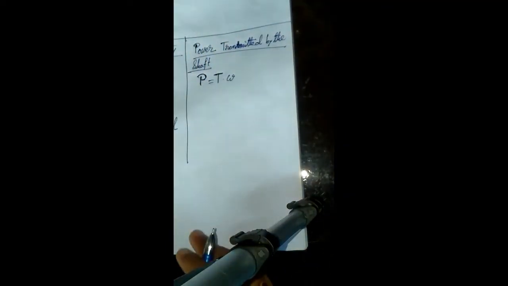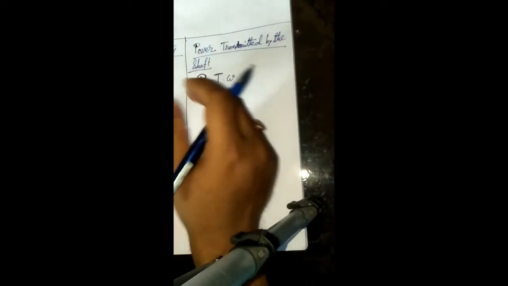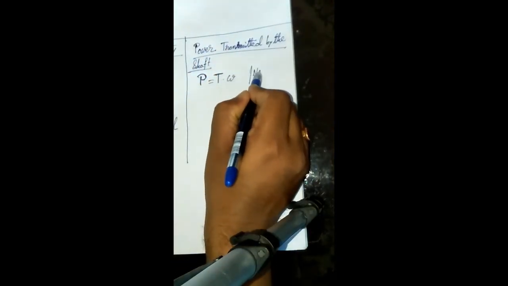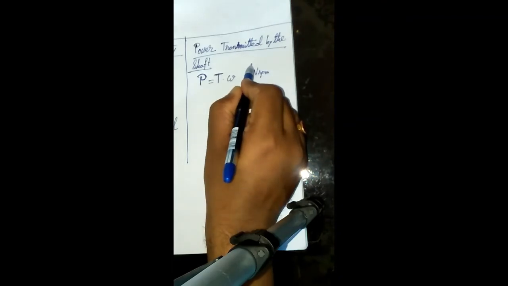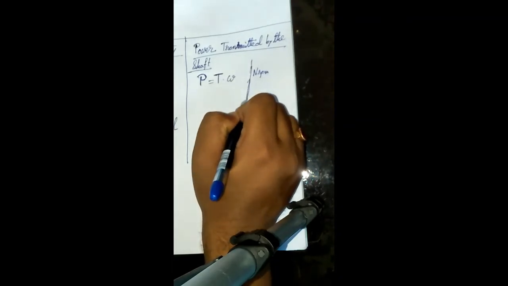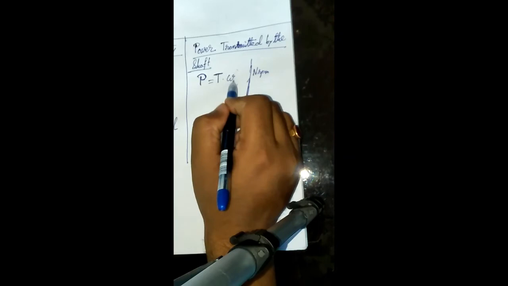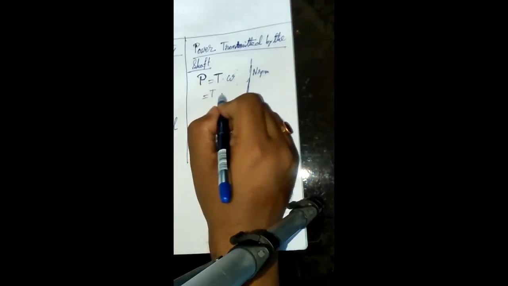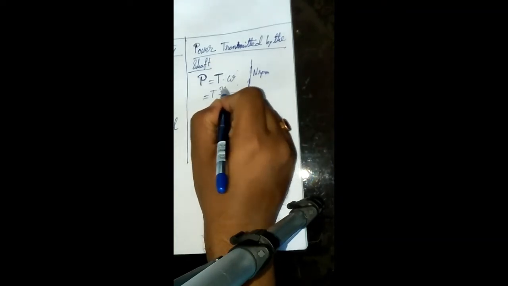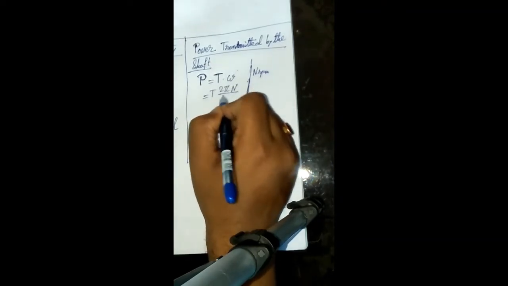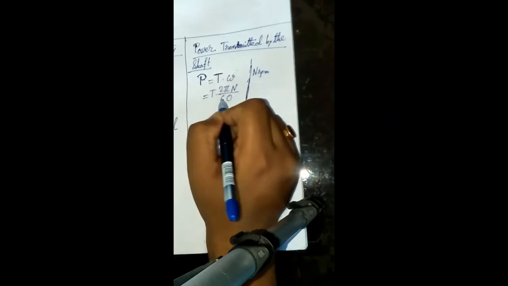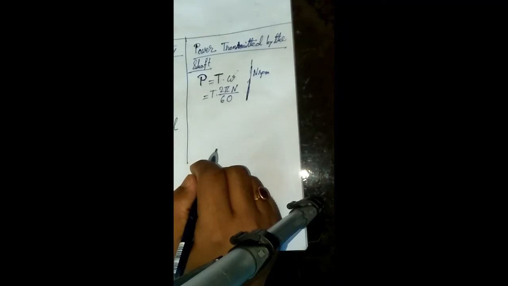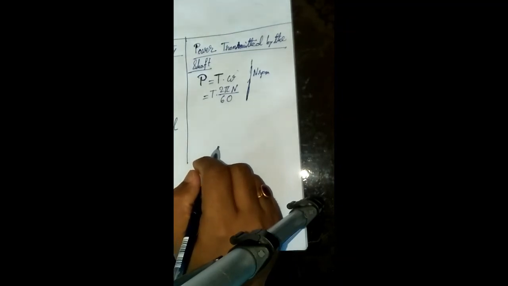If the shaft is rotated at a speed of N rpm, the value of omega becomes 2 pi N by 60.